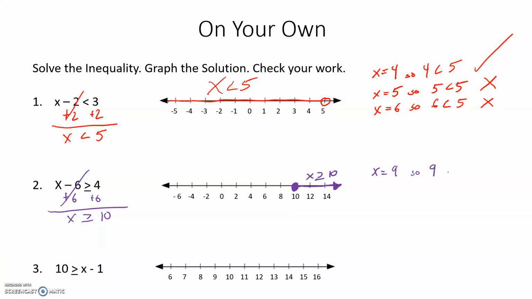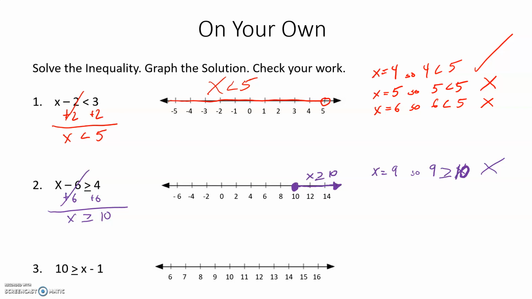So 9 is greater than or equal to 10, and that is not true because 9 is less than 10. I could try 12, or 11 or 12, and that would be true because they are greater than 10.